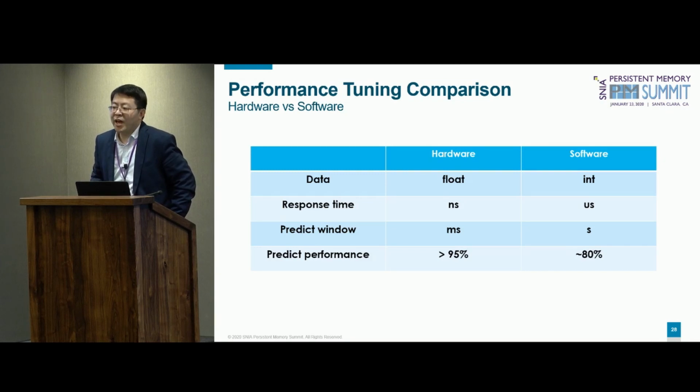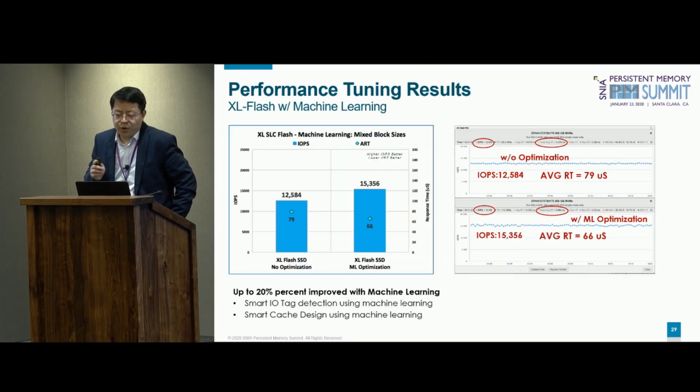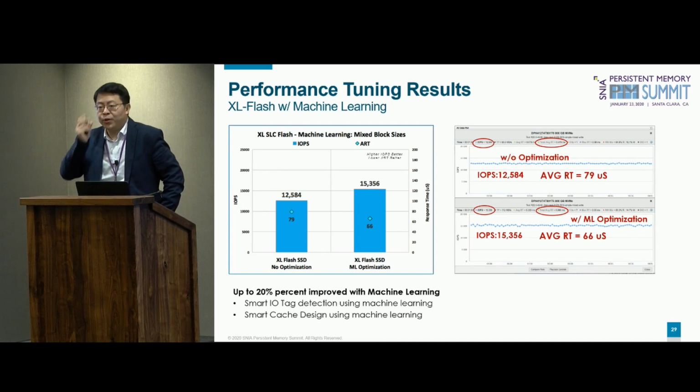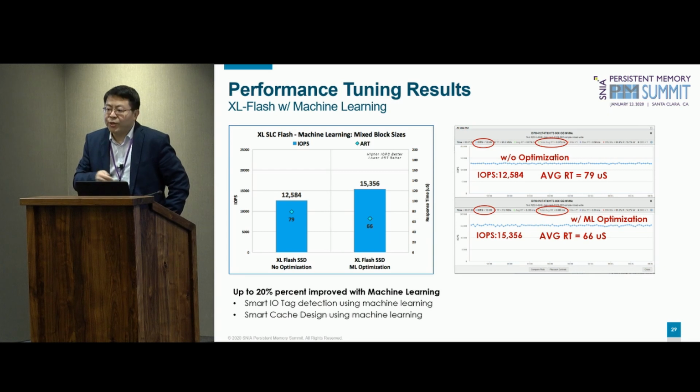And the software we have implemented, and we teamed up with Marvell and Kioxia together. For Marvell, we use their latest enterprise SSD controller. And we got XL flash samples from Kioxia.